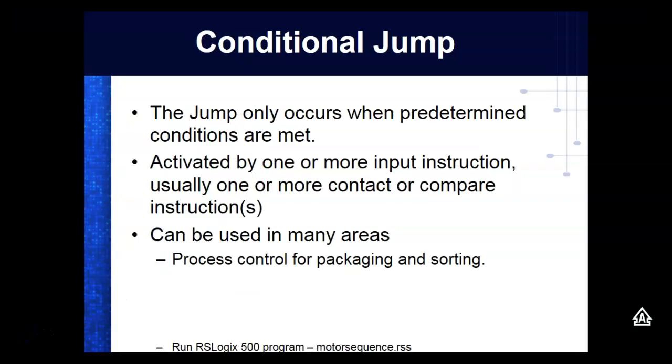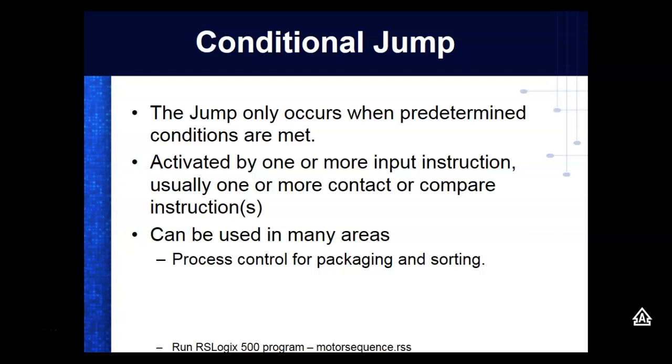Some type of switch, sometimes some type of conditional instruction, sometimes like a compare instruction, some type of timer done, something's going to be over there that determines when the jump occurs. Jump only occurs when predetermined conditions are met, activated by one or more input instructions, usually one or more contact or compare instructions.